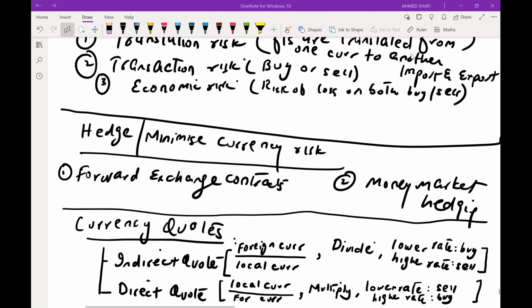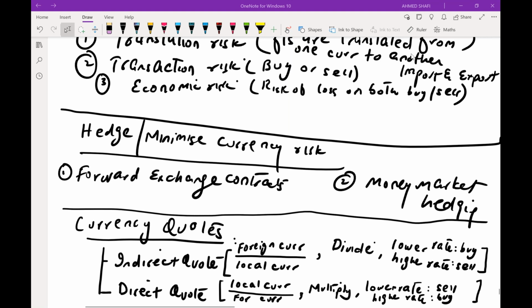Marigold is expecting a receipt of shilling 300,000 from the subsidiary in 3 months, which it wishes to protect against exchange rate movement. The following information is available. Exchange rates are shilling per dollar. Now pay attention to this, it is very important. Dollar was the home currency, and dollar is coming in the denominator. It's MS per dollar.